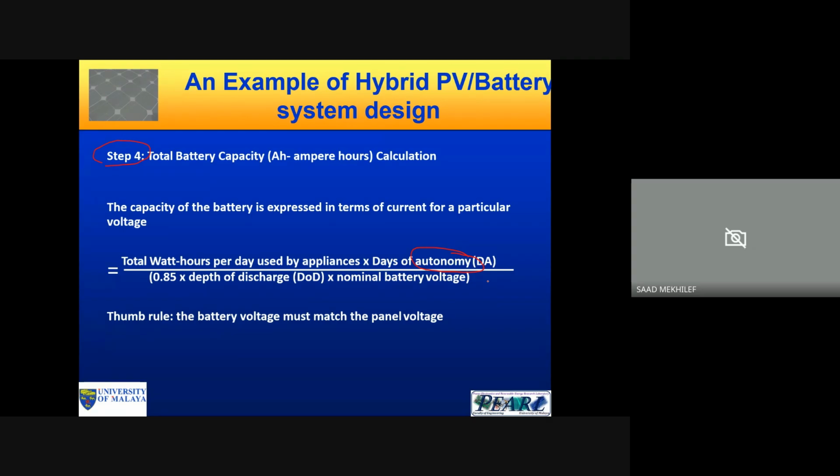That's the number of autonomy days. Then if we assume the battery is 85% efficiency, we divide by 0.85, then by the depth of discharge, times the nominal battery voltage. And the rule of thumb: the battery voltage must match the voltage of the panel.